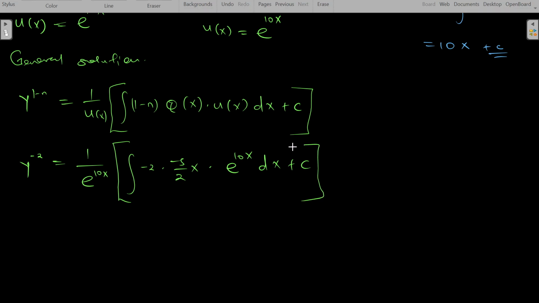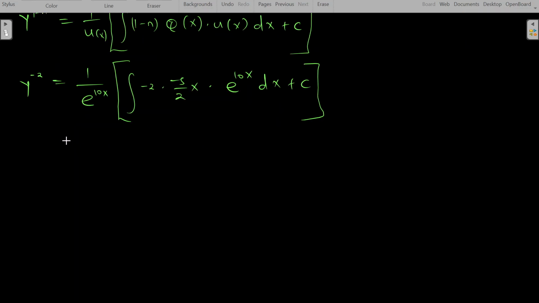Simplifying this, I'll get 1 over e raised to 10x, multiplied by this. The negatives cancel, and I remain with 5. I can take 5 outside the integral and remain inside with x multiplied by e raised to 10x, dx plus a constant c.